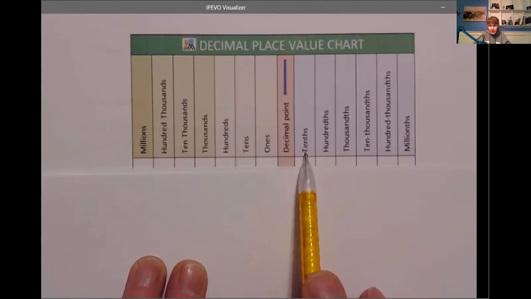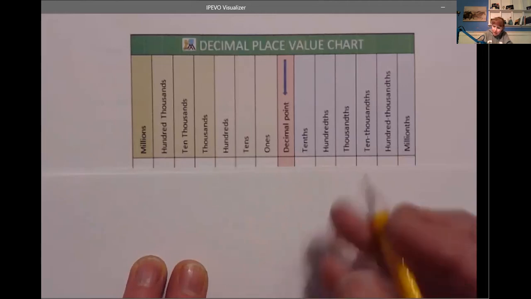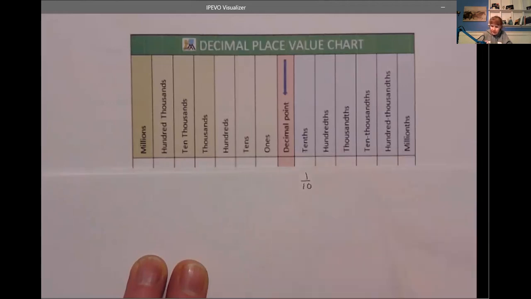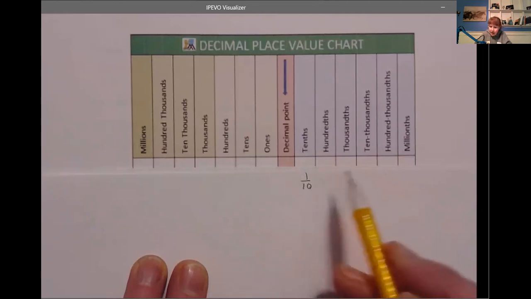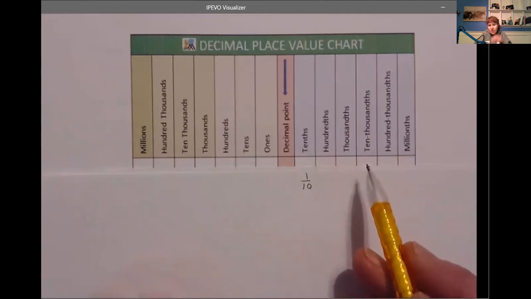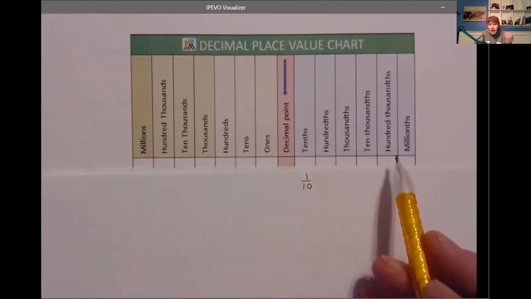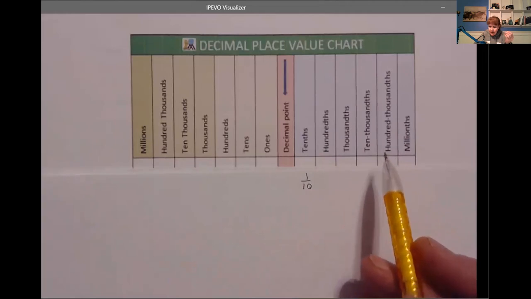Tenths is just what it means. So decimals and fractions are just two different ways of writing the same amount. So a tenth is 1/10. These represent fractions, but the denominators are pretty specific.